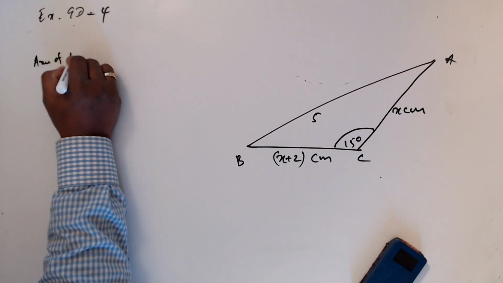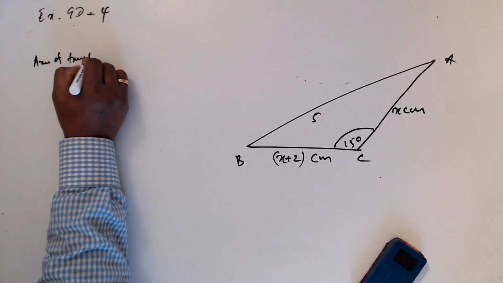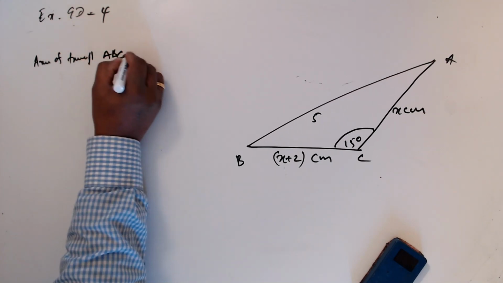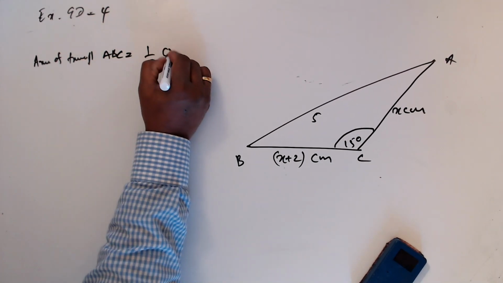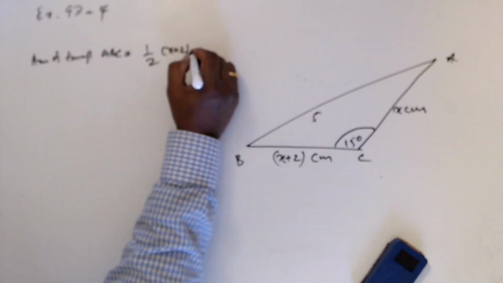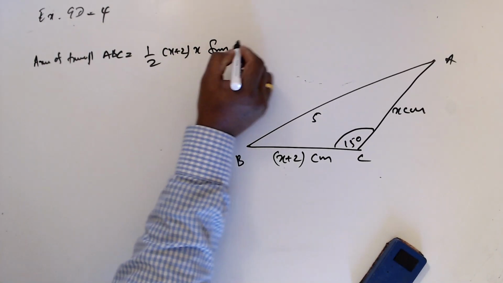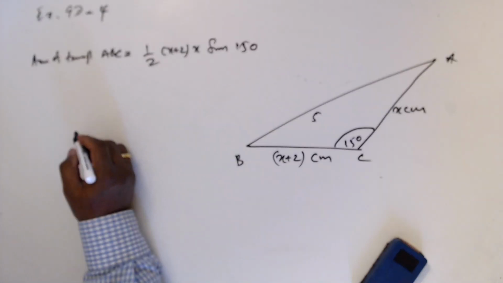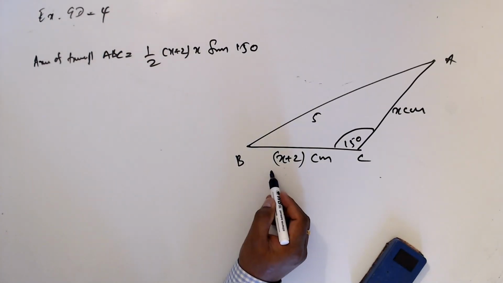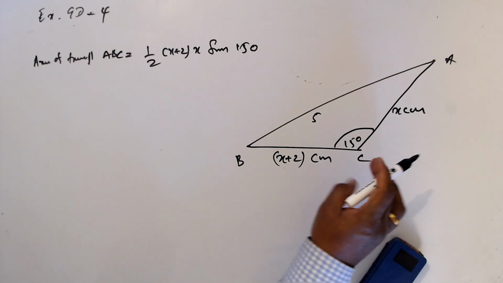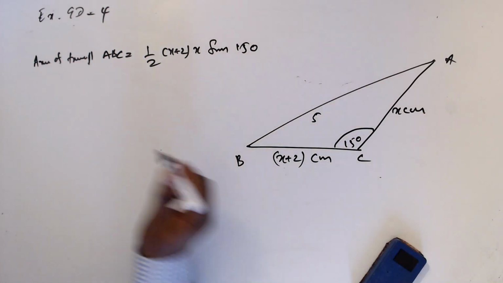Area of triangle ABC equals half times x plus 2 times x times sine 150.